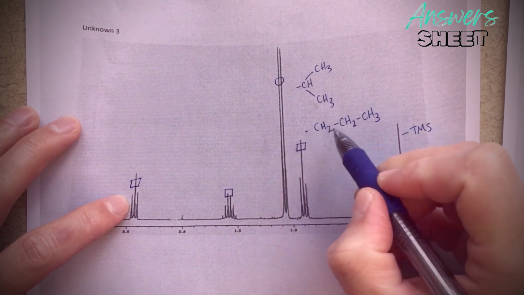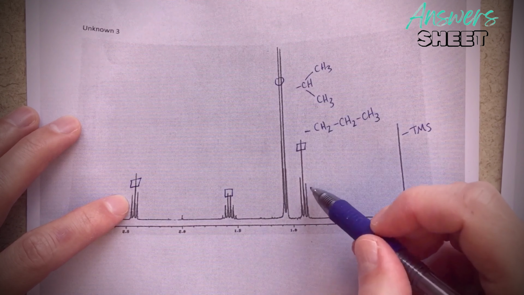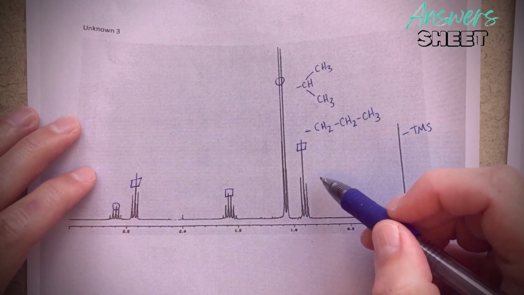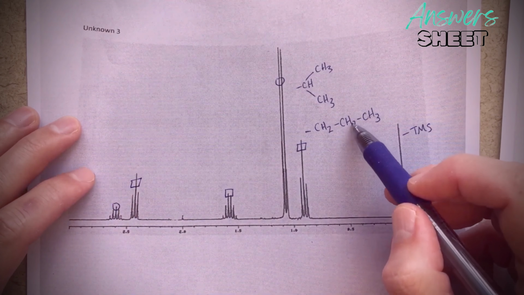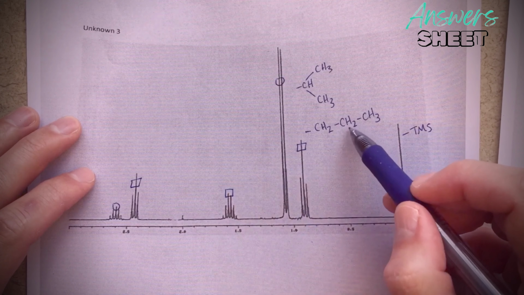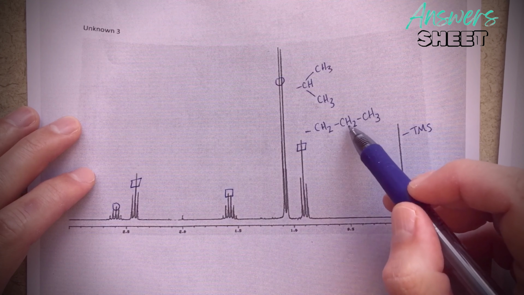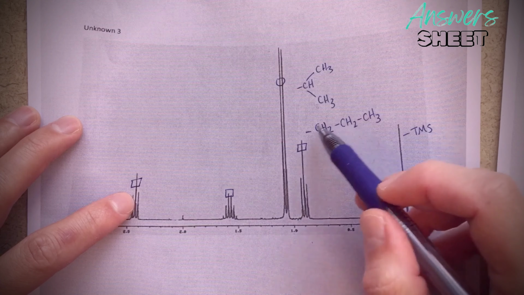So if I've got a propyl group, this CH3 would be this peak here, because it integrates to 3. It's a little bit bigger than these two. It should split into a triplet. This multiplet is going to be the central methylene group here. And then this group over here will be my other CH2 that is, again, split into a triplet.